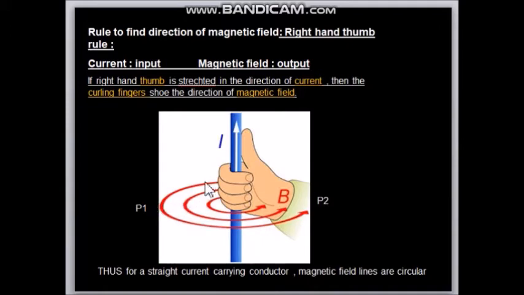If the fingers are curled, the finger directions are coming out, but at P2 the finger direction is going in. So at P1, the magnetic field is normally outwards, that means from the plane of the paper the magnetic field is coming normally out. But at P2 the magnetic field is going normally in.